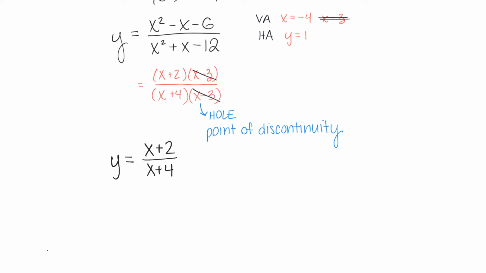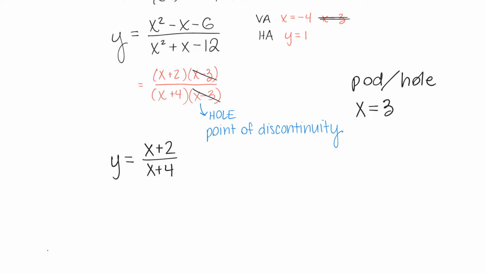So our vertical asymptote's at negative 4 and our horizontal still at 1. However, what is happening when x equals 3? Well, when x is 3, we've got a point of discontinuity, a hole. Hole's a nicer name.